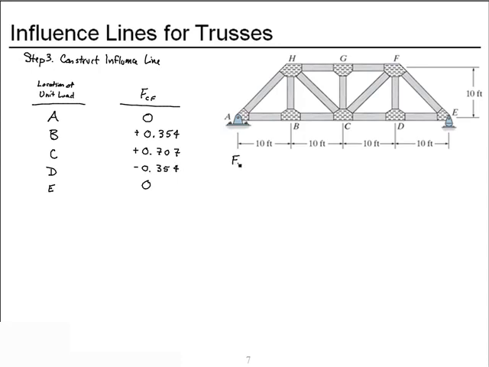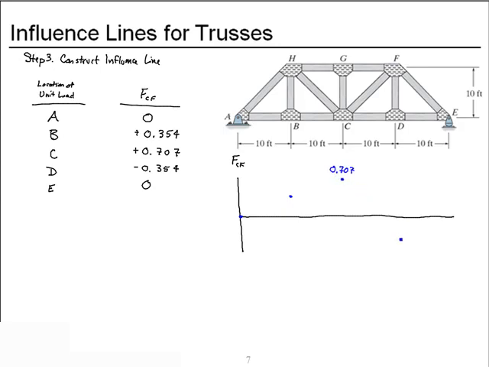So we can now construct our influence line by plotting the points. At A, there is no force generated in member CF. At B, we get 0.354. At C, we get 0.707.